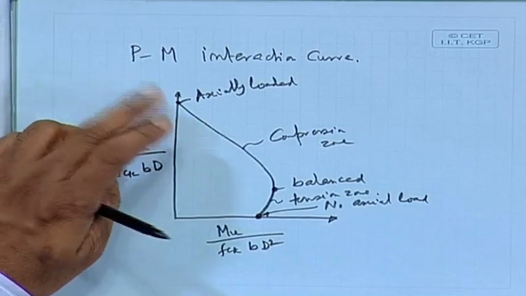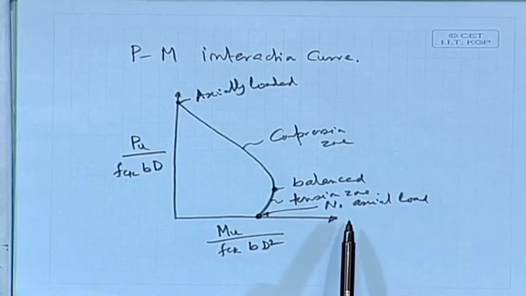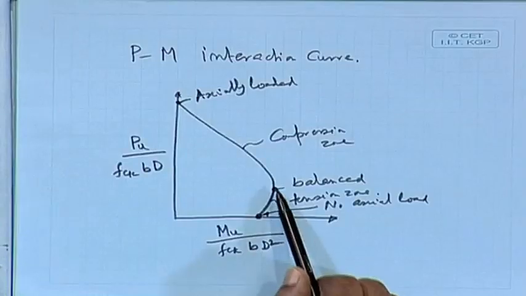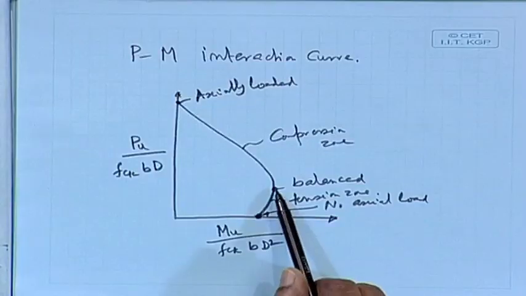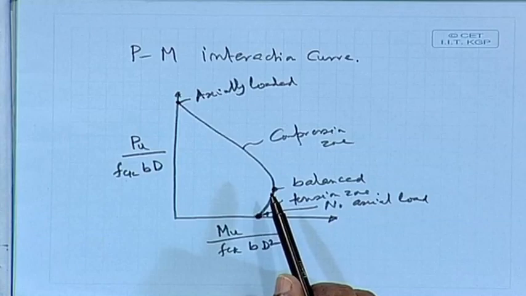There is one case where you are axially loaded, that means it is uniformly distributed and the strain is 0.002. Then we have one case where there is no axial load, that means it is simply a beam problem and the neutral axis is within the section. Somewhere we have the balanced section, then sometimes the tension zone. Finally, the neutral axis goes out of the section and you get purely compression.